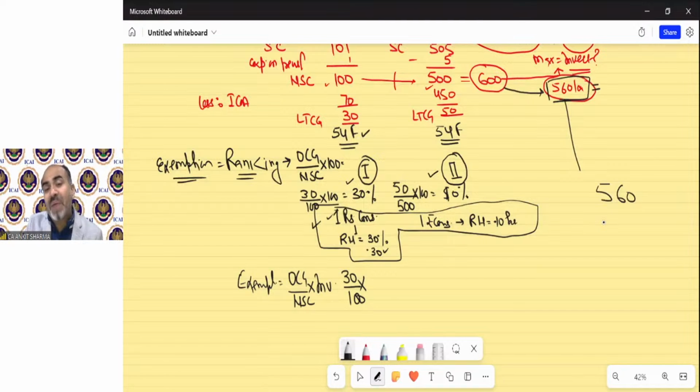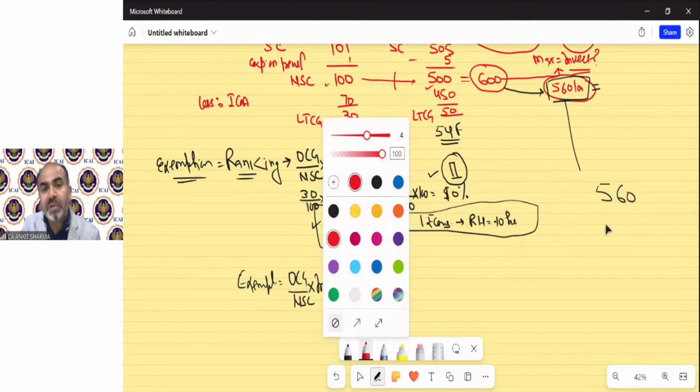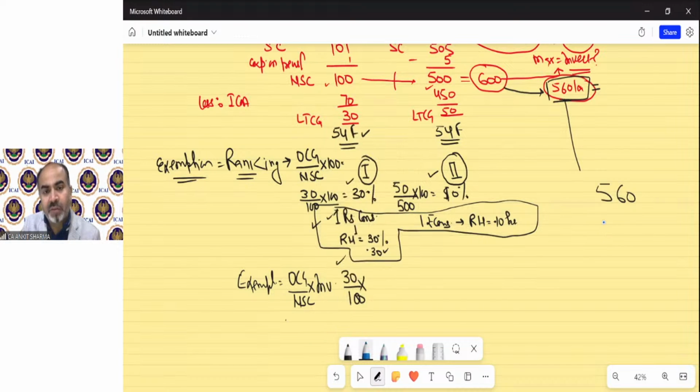So what is the maximum amount of investment we can do with the consideration of shares? Do not write 560 over here. 560 is the consideration combined of shares as well as the land, but we are talking about shares. So how much maximum investment can be done by shares for the purpose of purchasing this property? And of course, it can be maximum 100 because the maximum investment can be the consideration.